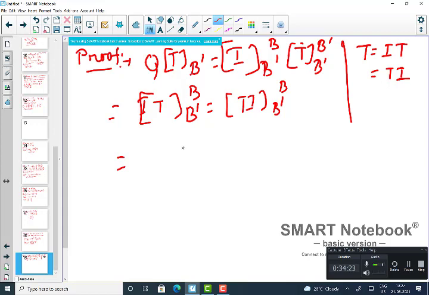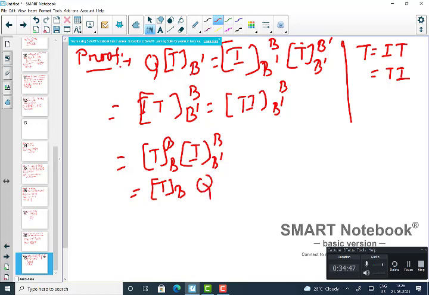And T I from B dash to B means what? I is from B dash to B, and T is with respect to B, same basis on both sides, so that is T B. This one is nothing but Q itself.